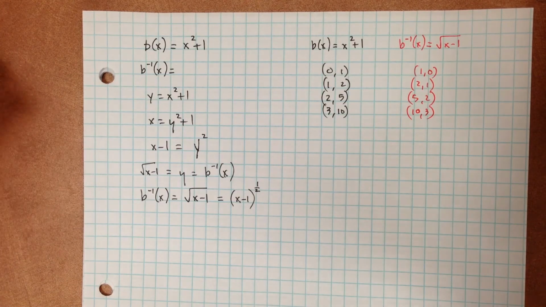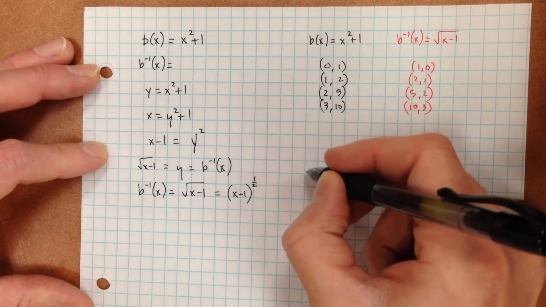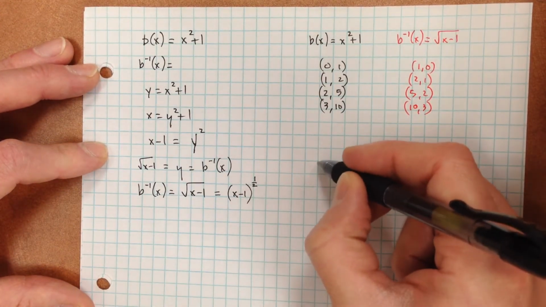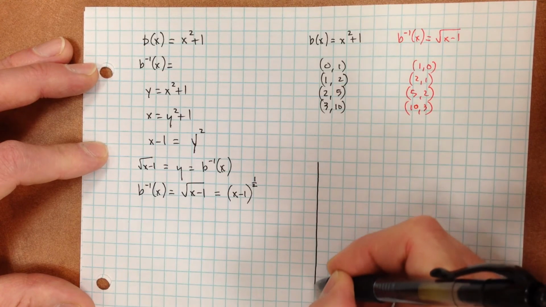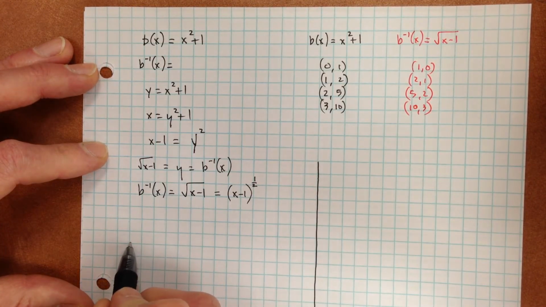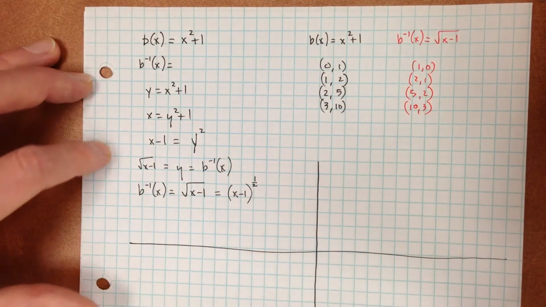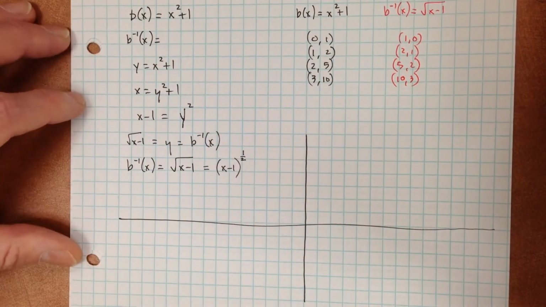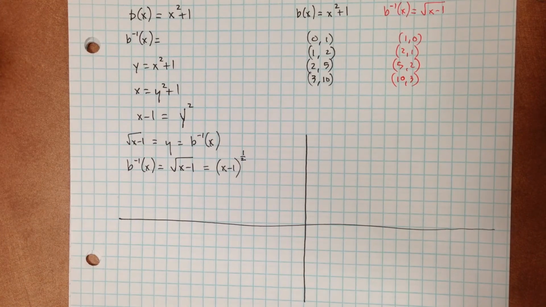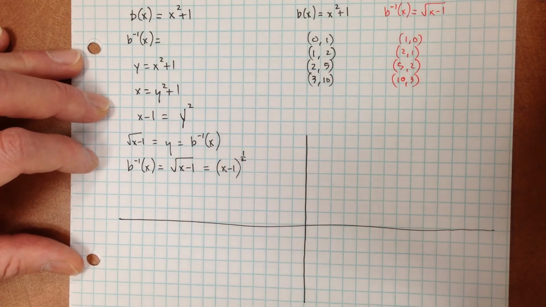So I want to take a look at our graphical representation of this right now. Where should I start that? There we go. All right, first let's look at our function. So I have 0, 1.